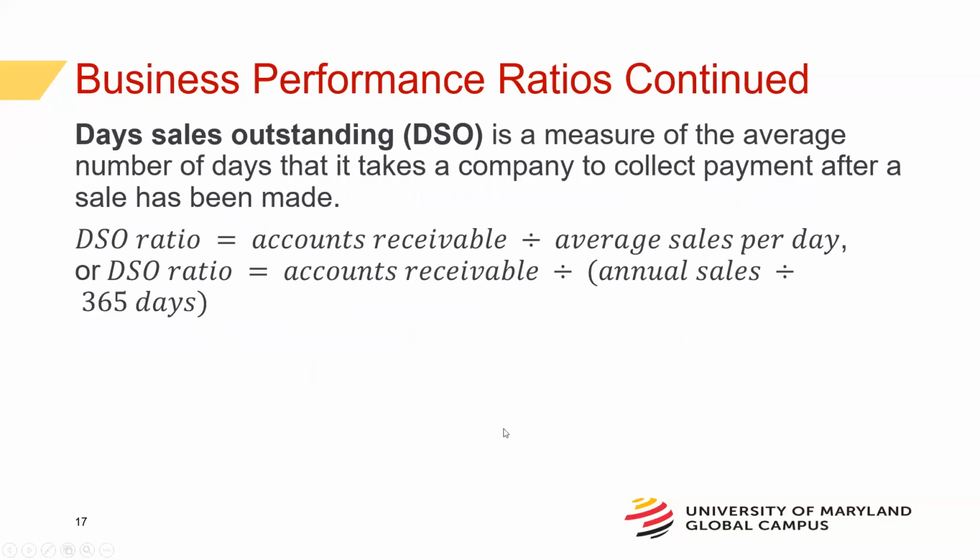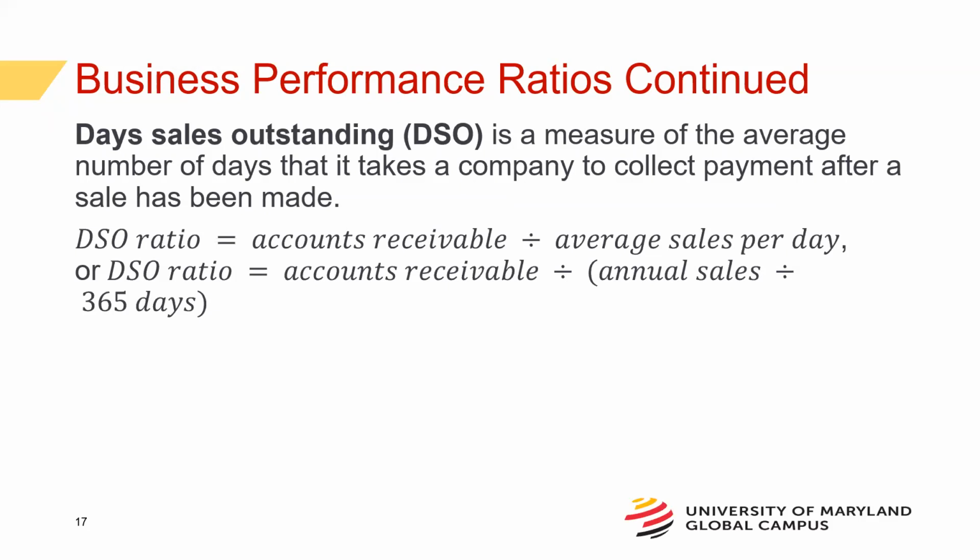The final ratio calculated here is our days sales outstanding. This is a measure of how many days on average it takes for the company to collect a payment that's owed to the company after a sale has been made. To calculate this, we take our accounts receivable and divide that by our average sales per day.